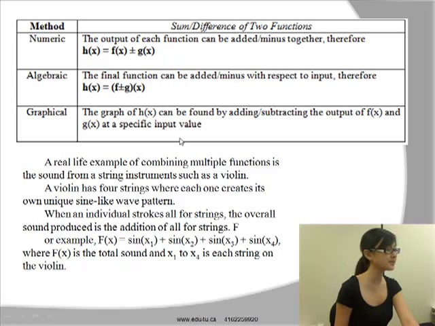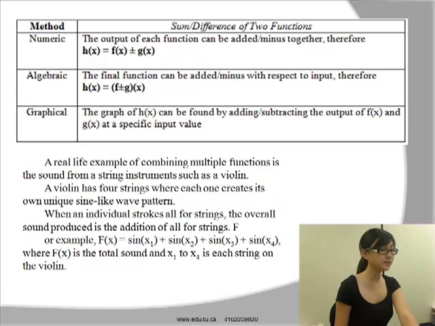So in real life, an example of combining multiple functions is like sound from a string instrument such as a violin. We all know that a violin has 4 strings, and each one creates its own unique sine-like wave pattern. They have their own unique sound. When an individual strokes all the strings at once, the overall sound produced is the addition of all the strings.